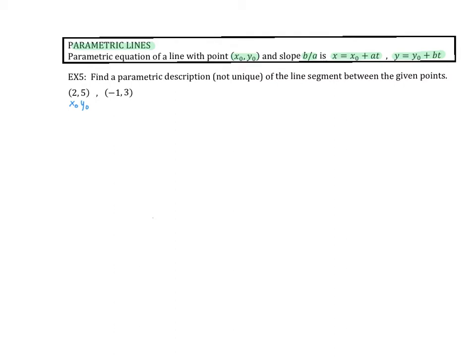Now, with any line, you need a slope, your b over a. So we usually use m for slope. Now, when you find your slope, it's always your ending point, subtract your starting point. And I used 2, 5 to be my starting. So my slope is going to be 3 minus 5 over negative 1 minus 2.